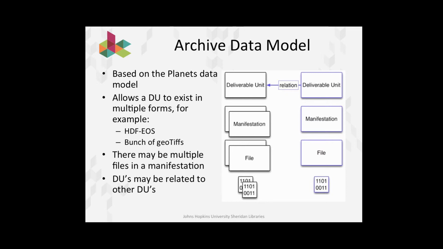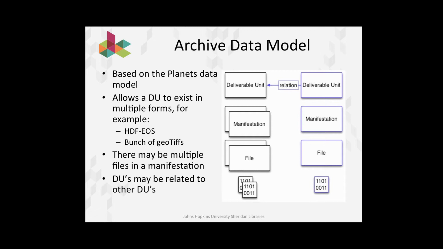A deliverable unit may have multiple manifestations or alternate versions. Say, for example, a data file in Excel format and its equivalent in comma-separated value format, or an entire book as a single PDF file, as well as a set of static TIFF images. Each of those manifestations then consists of one or more files or bit streams of data.